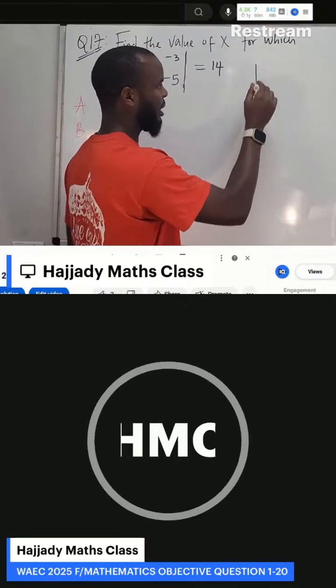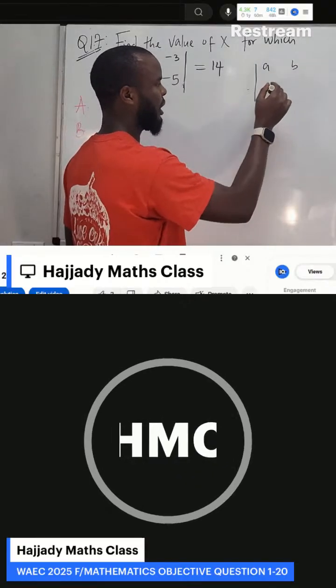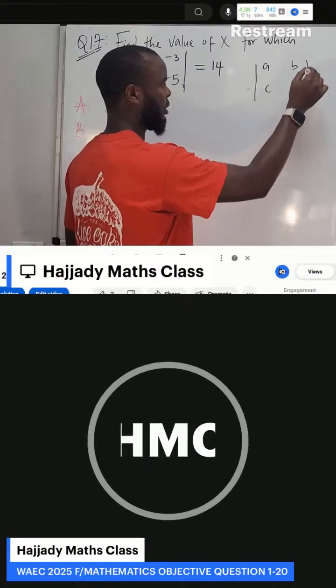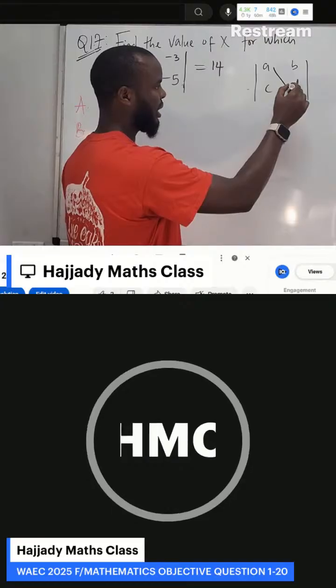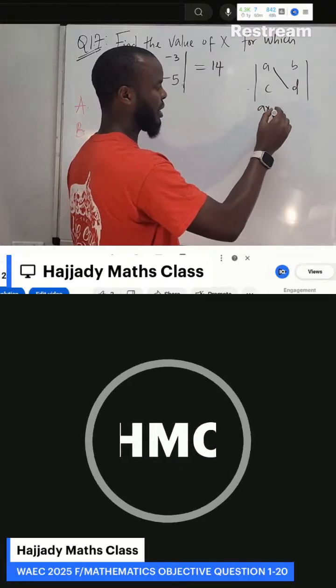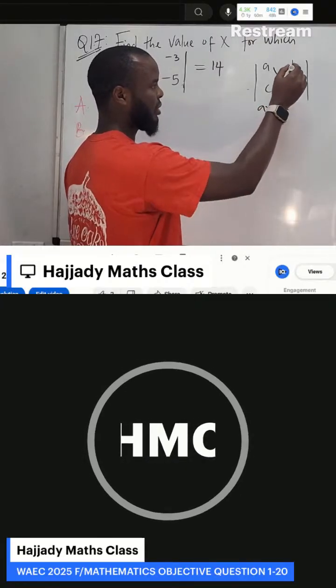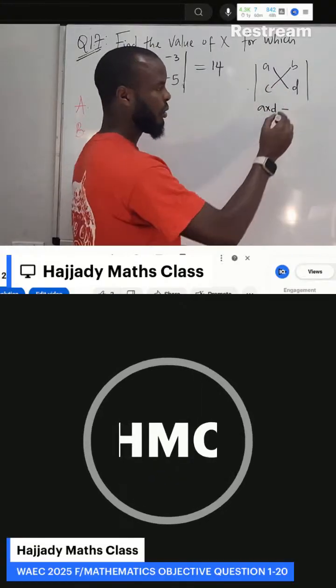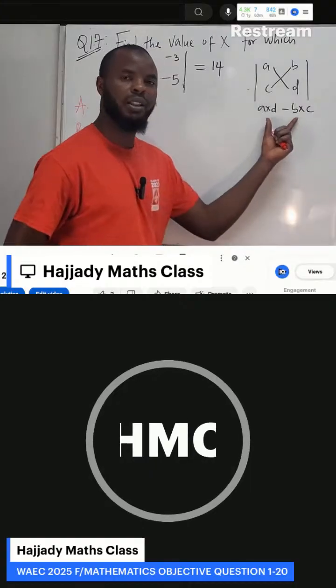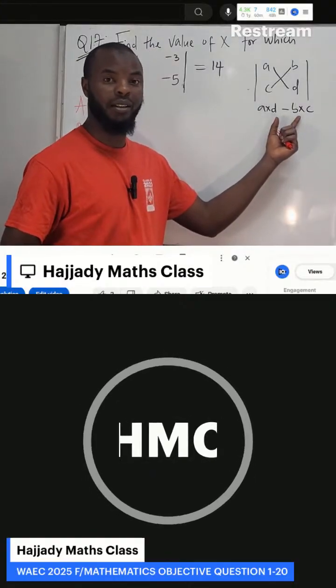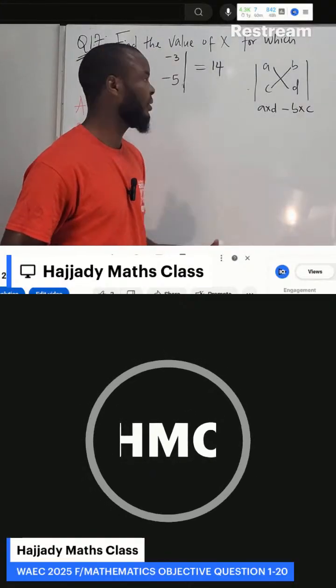If you have a determinant of A, B, C, D, to find the determinant of this, you multiply these two terms, A times D, minus the product of these two, B times C. This is the general form for simplifying determinants. And I'm going to use the same approach here.